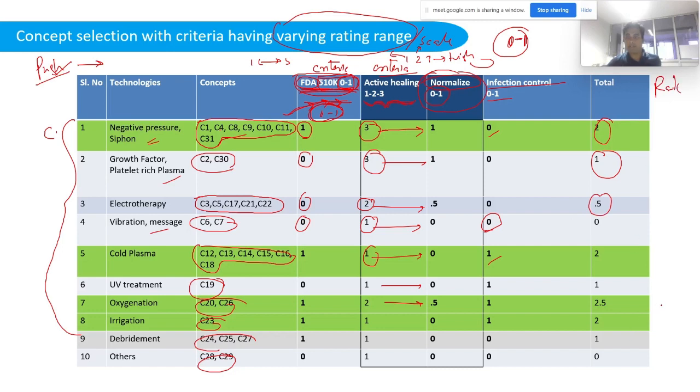Whichever gets the highest score is ranked highest, like 1. So the first ranking is for this 2.5, then second ranking for 2 concepts, 3 concepts. That's why there is a green mark on these 4. Here we are considering these 4 concepts for further concept testing, for further evaluation.